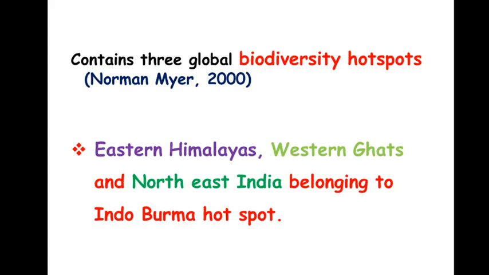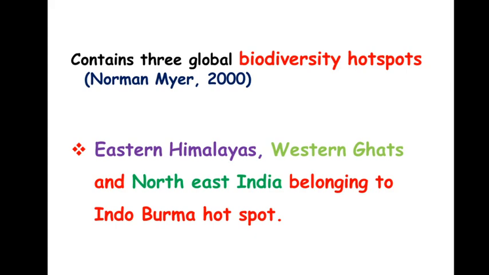So remember, Northeast India is not the name of a particular hotspot. The Northeast Indian states belong to a hotspot named the Indo-Burma biodiversity hotspot. It contains a part of Bangladesh, then Yunnan province of China, then Malaysia, Thailand, Cambodia, Vietnam, Laos, and also the northeastern states of India.